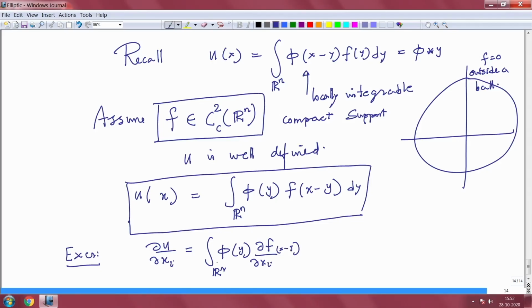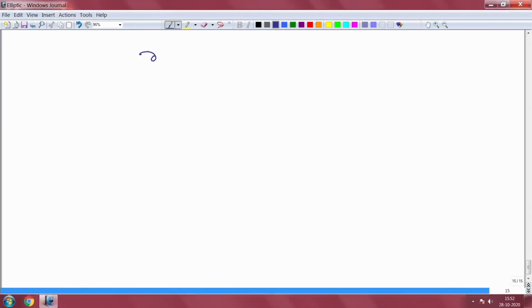I can do this as long as f has the derivative. That means I can write this as phi star of the derivative of f. This is again a special property. In fact, I can do the next one, a second derivative: d square u by dxi dxj is equal to the integral of phi of y times d square f by dxi dxj.